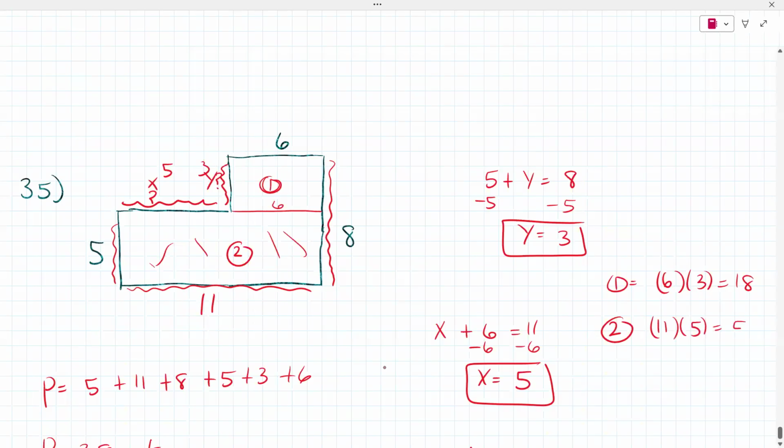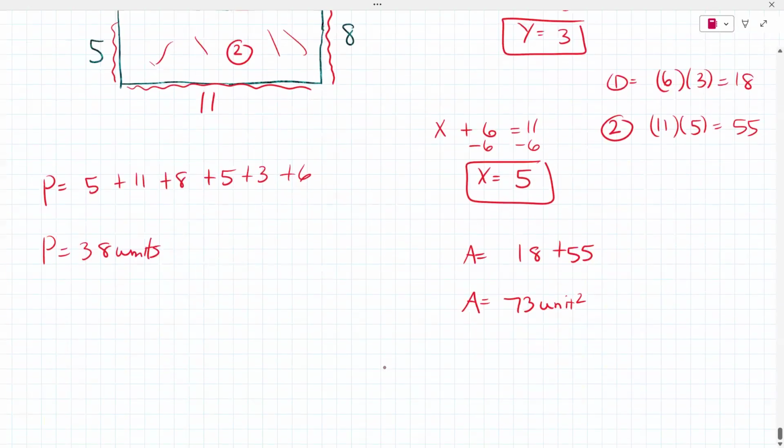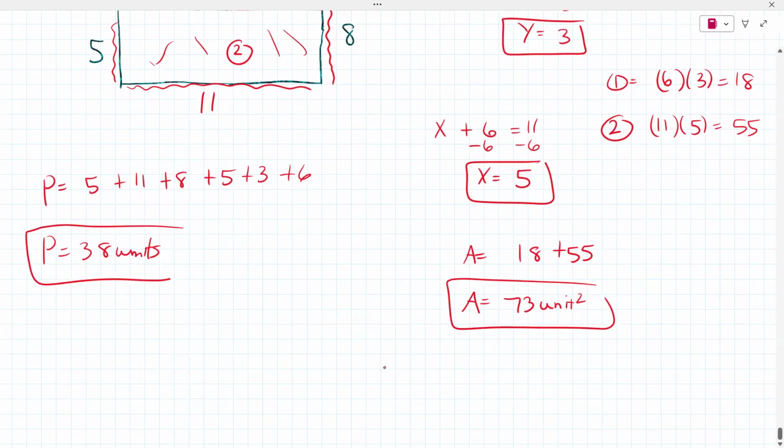So 11 times 5 is 55. So you have to add up those two areas, which is 18 plus 55. So the area is 73 units squared. Okay. So the total area is 73 units squared, and then the total perimeter is 38 units.